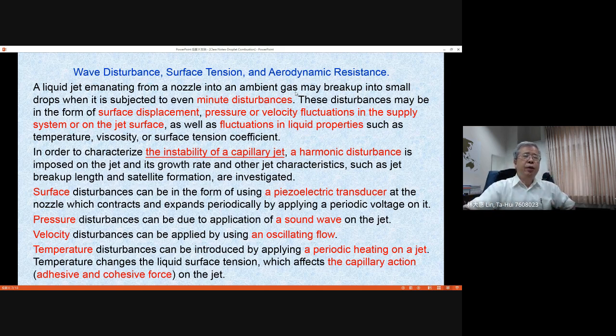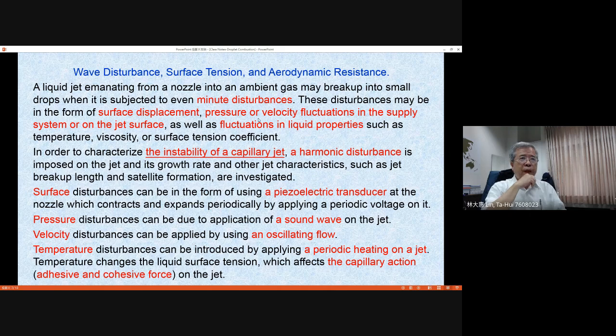From our observation and theoretical prediction, we find this liquid jet may break up into small droplets, depending on different kinds of disturbance, even very minute disturbances. These disturbances give you a chance to break up the liquid jet into small droplets.